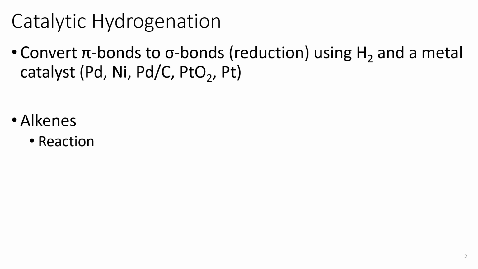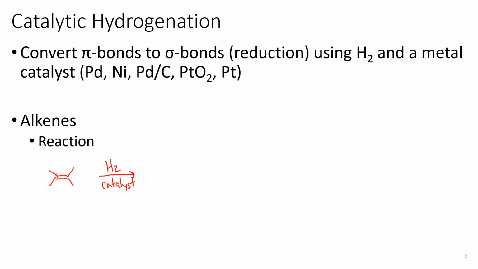So let's look at the reactions with our alkene. Initially we're going to start with our alkene, and we're going to put it in the presence of hydrogen gas, and we're going to deal with some form of our catalyst. What we want to recognize here is that these catalysts are going to be heterogeneous in nature.